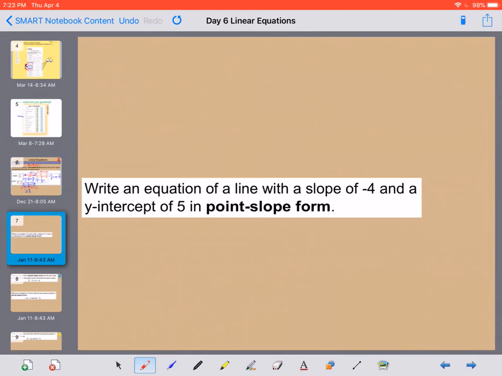So this one we can't really do, because what we have is y equals negative 4x plus a y-intercept of 5. But what we need to write it in point-slope form is a point. We don't have a point for this one, so this is not possible.